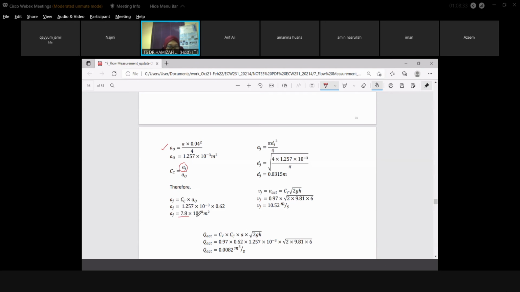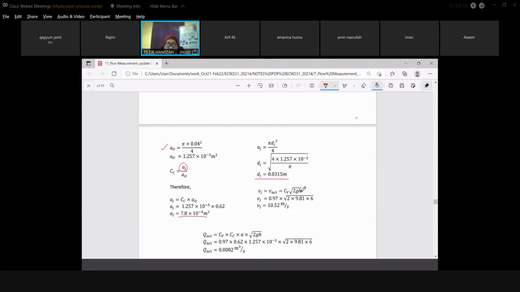So now we get the area of jet, and then we can find the diameter of the jet. And then once we have the area, of course we can calculate the velocity.